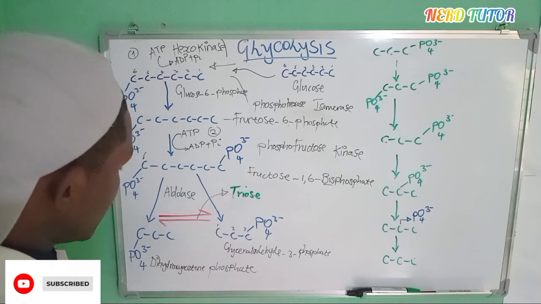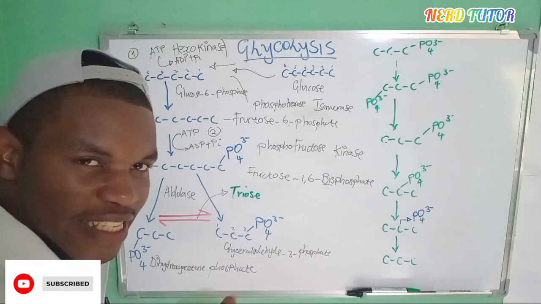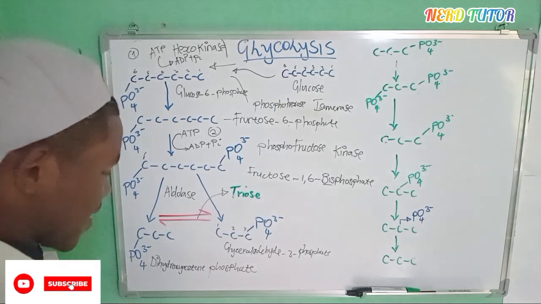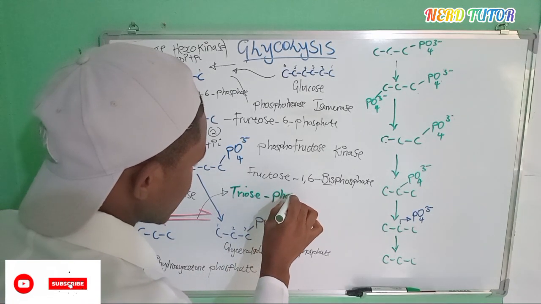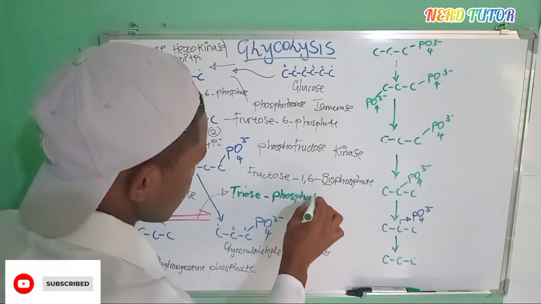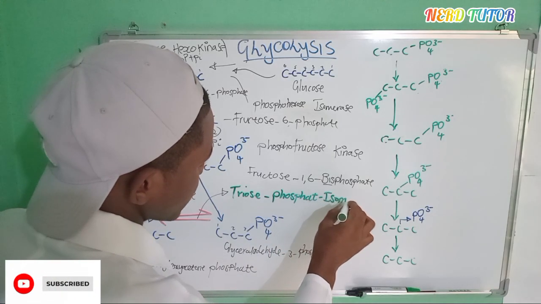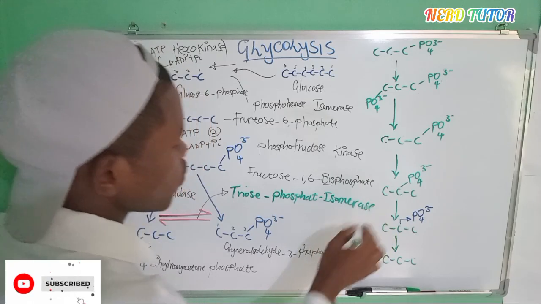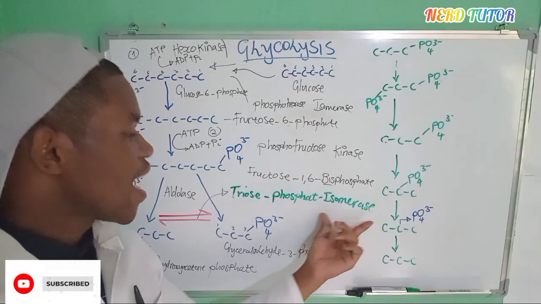As you can see, there are three, so it is triose, phosphate, then isomerase. So this is basically a one-word enzyme, triose phosphate isomerase.